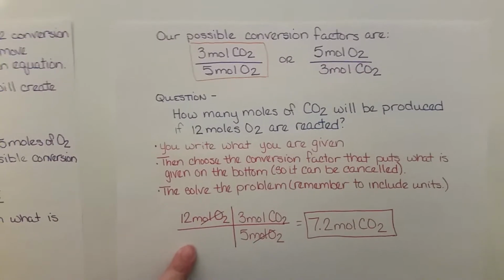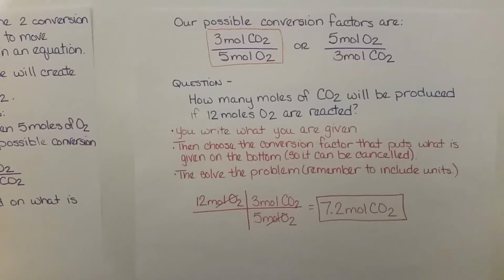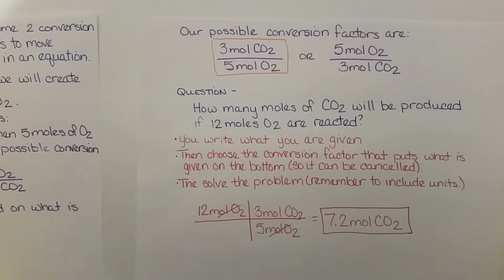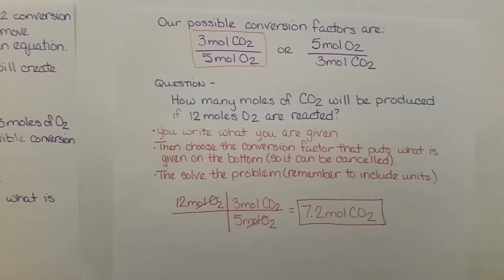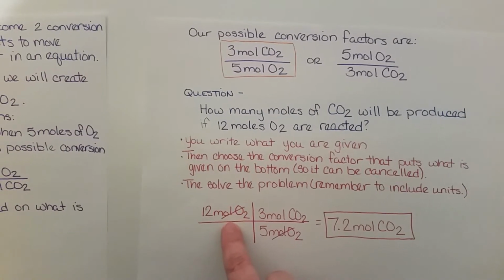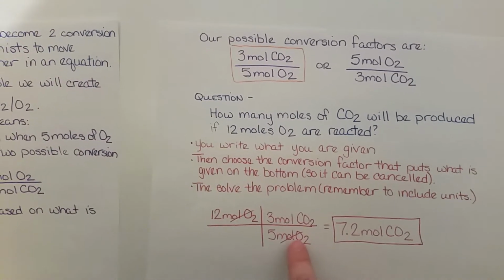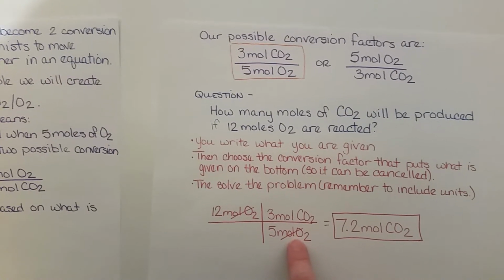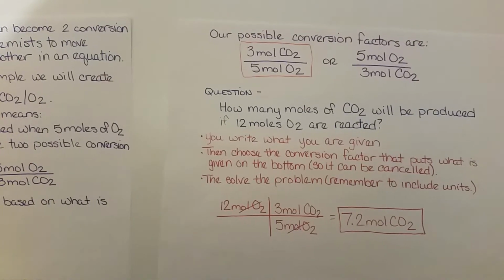So in this case, I'm given 12 moles of O2. Then you choose your conversion factor. The way you choose a conversion factor is whatever you need to get rid of or cancel out goes on the bottom. So because I'm given O2, O2 has to end up on the bottom. So it's going to be 5 moles of O2 on the bottom and 3 moles of CO2 on the top. And then you simply solve.